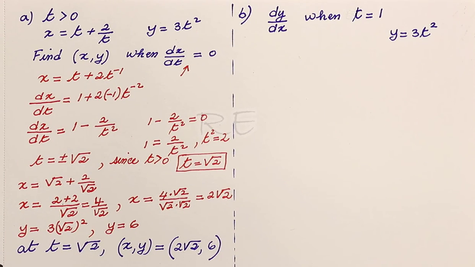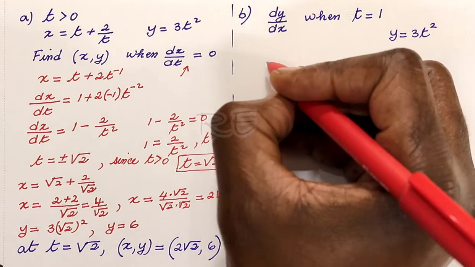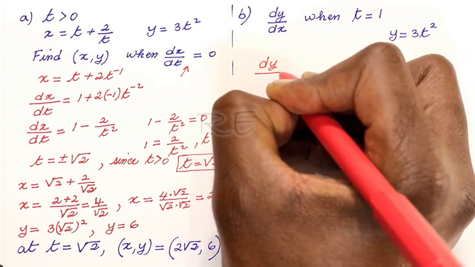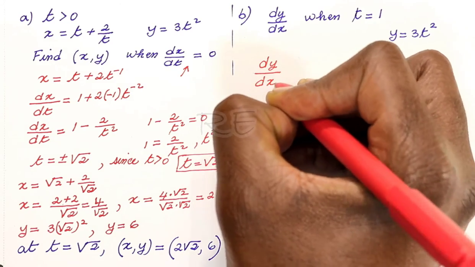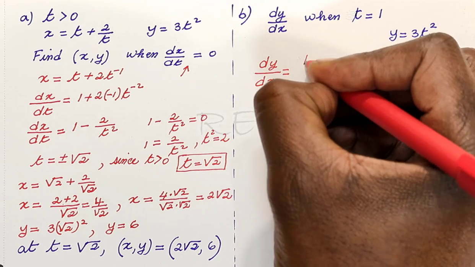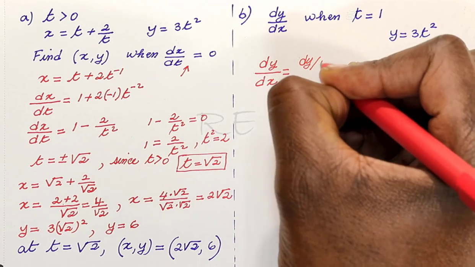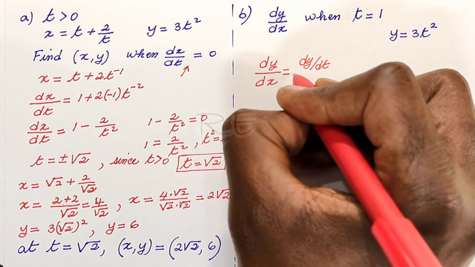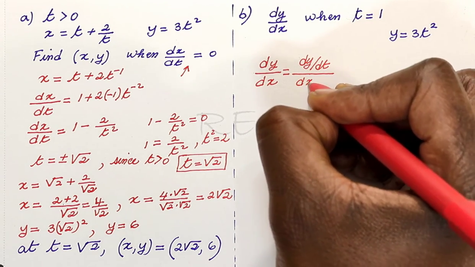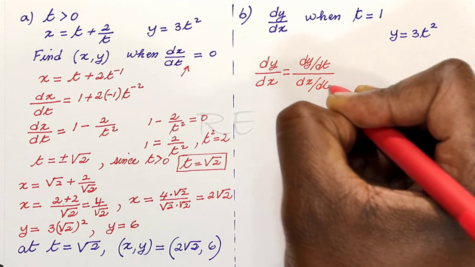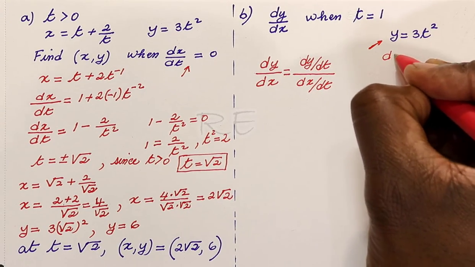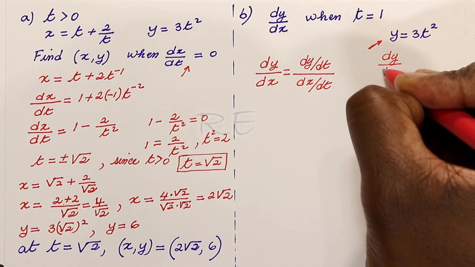For b, they want the derivative of y with respect to x when t is equal to 1. The formula says the derivative of y with respect to x will be equal to the derivative of y with respect to t divided by the derivative of x with respect to t, using the chain rule.